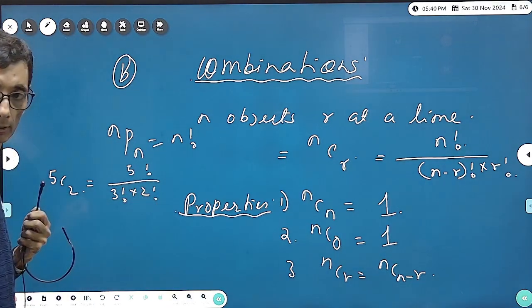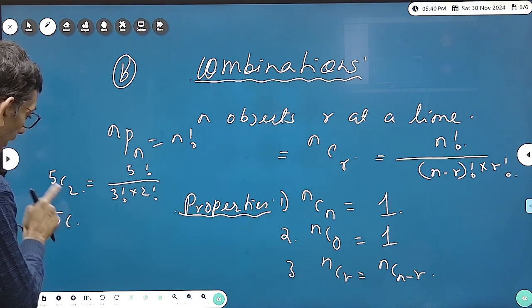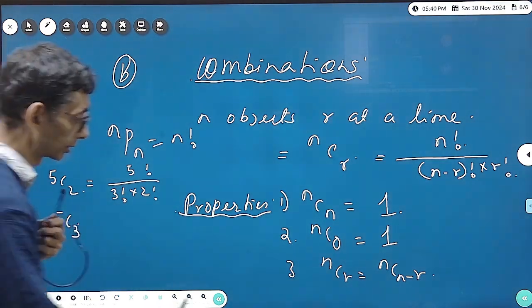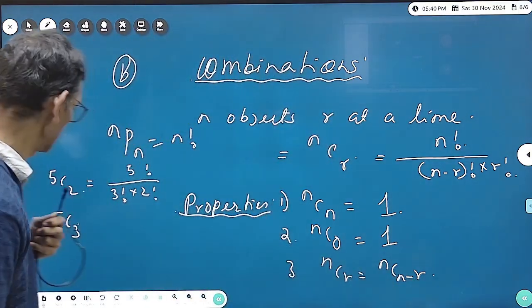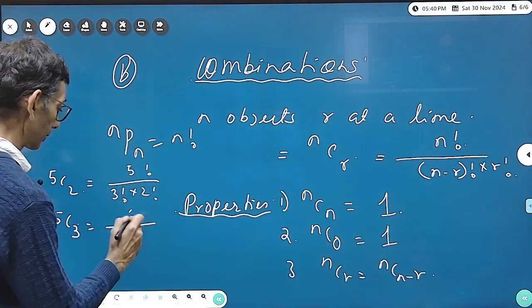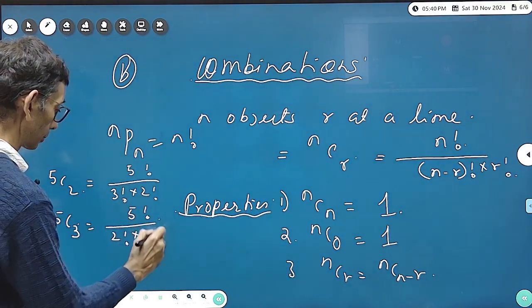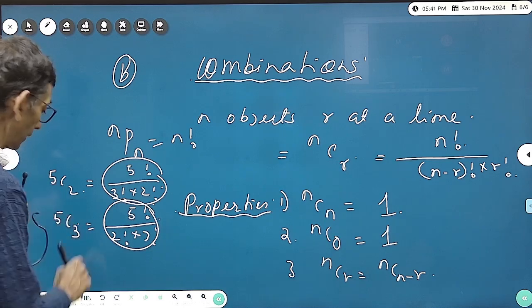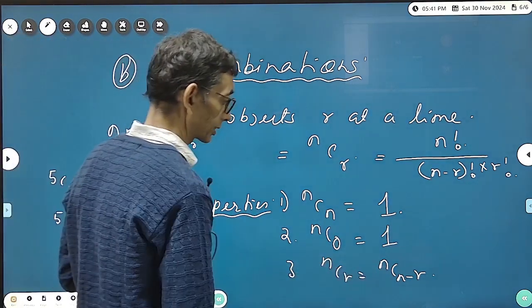Now 5C3: factorial 5 divided by (5 minus 3) factorial, 2 factorial, into 3 factorial. Both are the same or not? Here 5C2 and 5C3 are the same. So nCr and nC(n minus r) are the same.